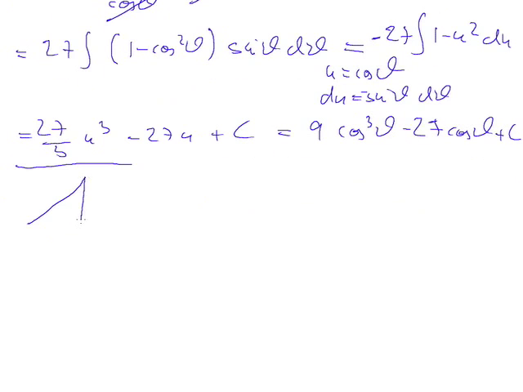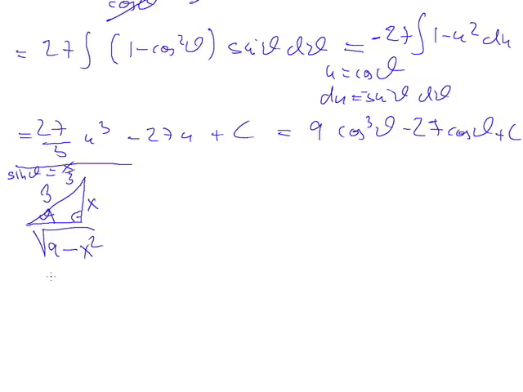So how does our triangle look like? If we have the angle theta here, a right angle here, we had that the sine of theta is x over 3 because x was equal to 3 times the sine of theta. So we have side length x here and side length 3 here. This gives us for the remaining side a length of the square root of 9 minus x squared by Pythagoras theorem.